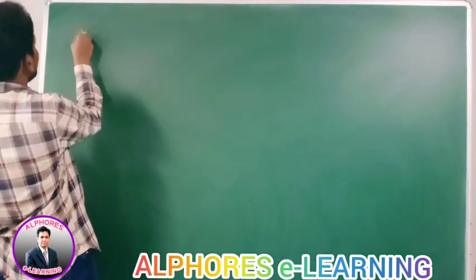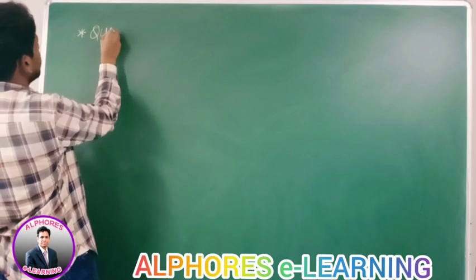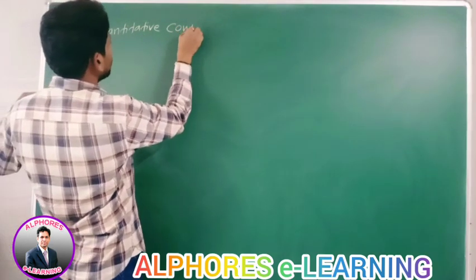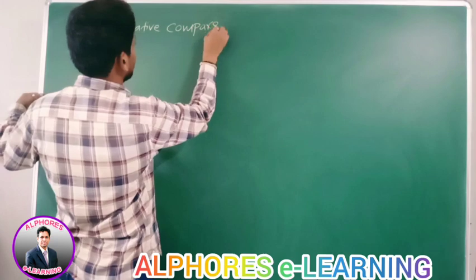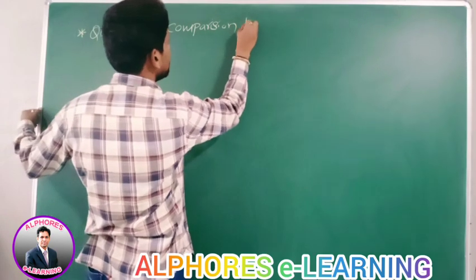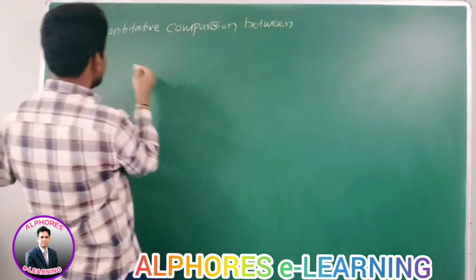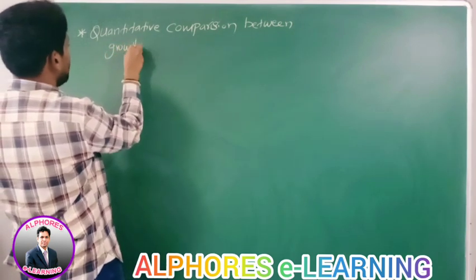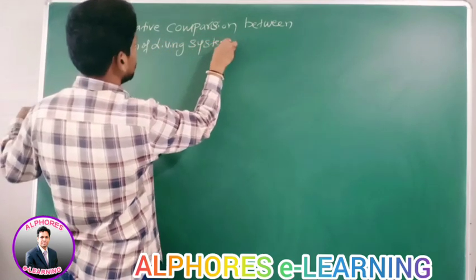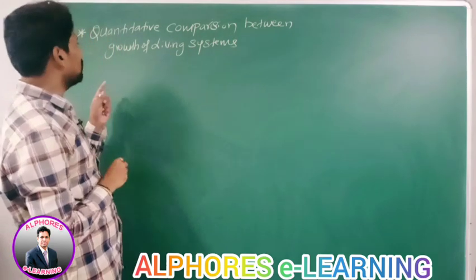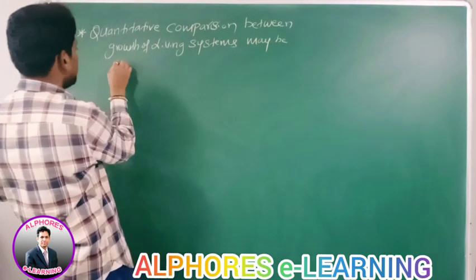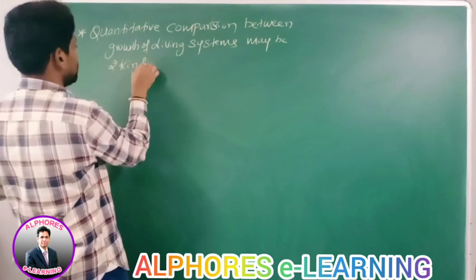Quantitative comparison. Quantitative comparison between growth of living systems can be of two kinds or two types.